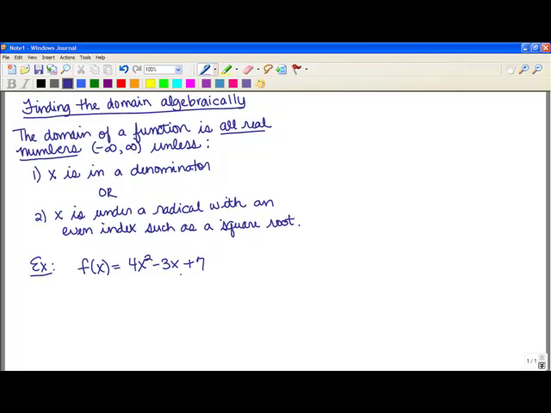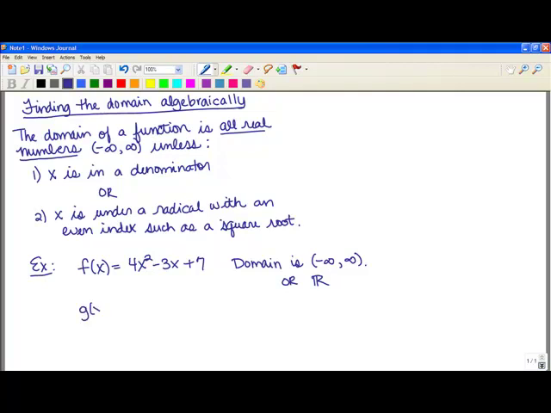This problem does not have a denominator, and it does not have a radical. Therefore, the domain for this function is all real numbers, negative infinity to infinity. Or you could write down the abbreviation for all real numbers, which is also this symbol right here.